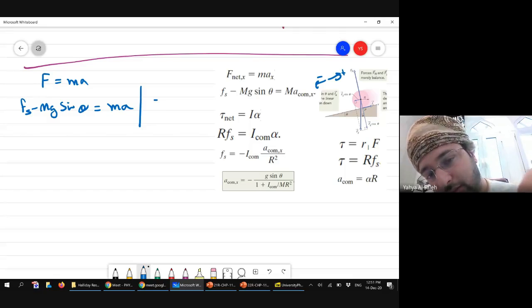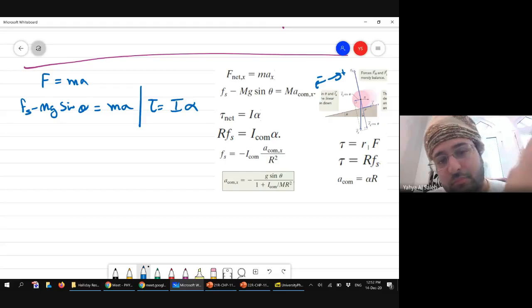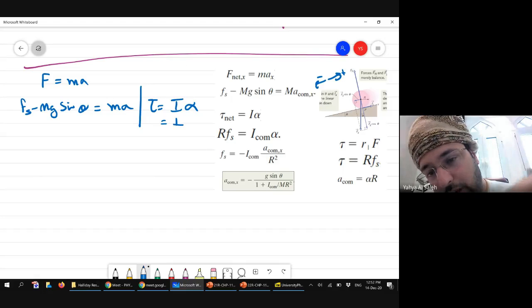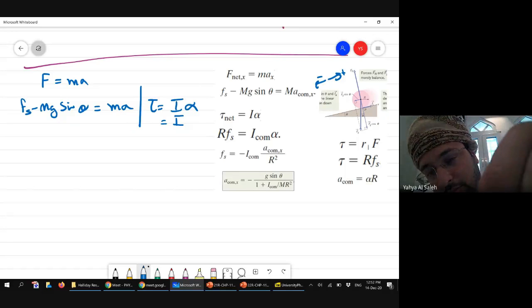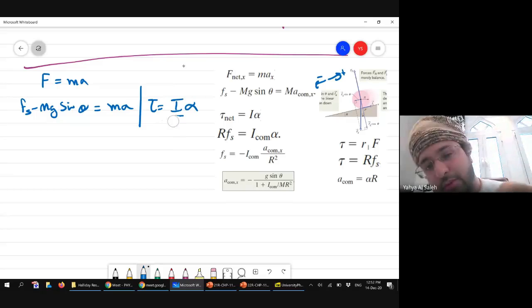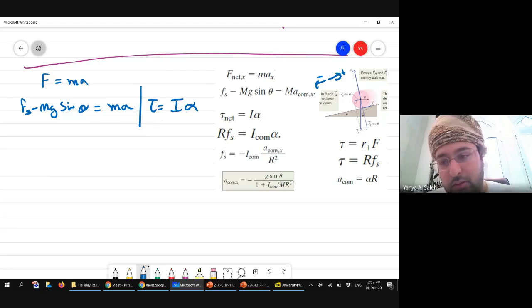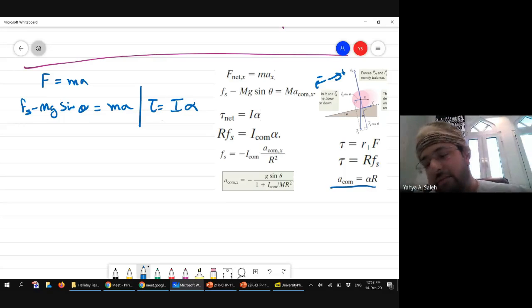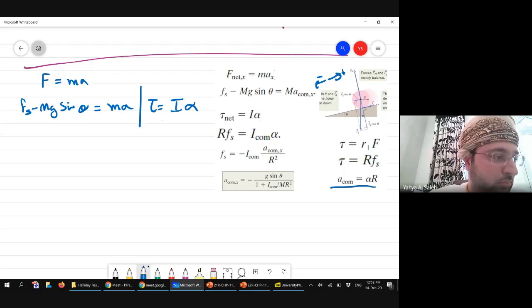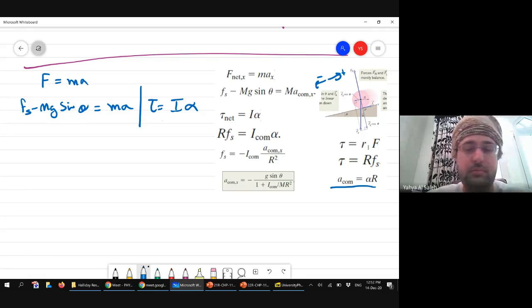I also said torque equals I alpha. Let's keep it this way. We said a equals alpha R. Yes?